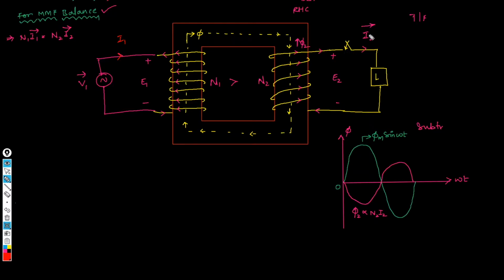Due to the current flowing through the secondary winding, an additional flux phi 2 is created, which is in opposition to the flux phi. So you can see the reduction in this flux phi. Whatever reduction has happened will be compensated by this I1 current, because this I1 current now starts flowing through the N1 turns, and it will create a flux which is in opposition to phi 2, that is, in the direction of the main flux again. Whatever compensation has to be provided will be provided by this I1 current. Now something like this it would be looking.